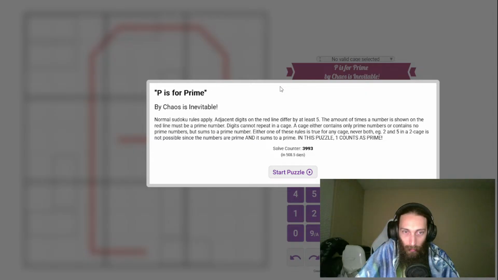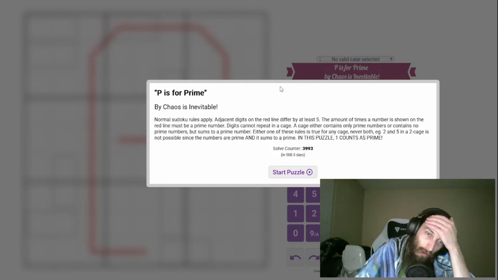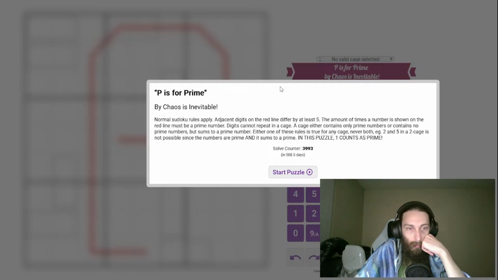Well, that's not how prime numbers work. So, it is 1 or a prime. Okay, I'm not understanding the cage rules, though. Digits cannot repeat in a cage. Okay, the cage either contains only prime numbers or contains no prime numbers but sums to a prime number.